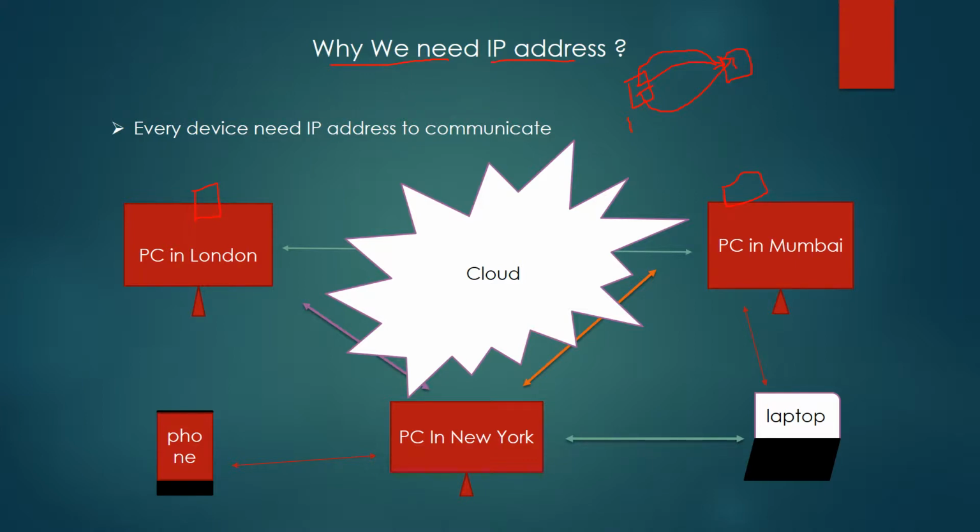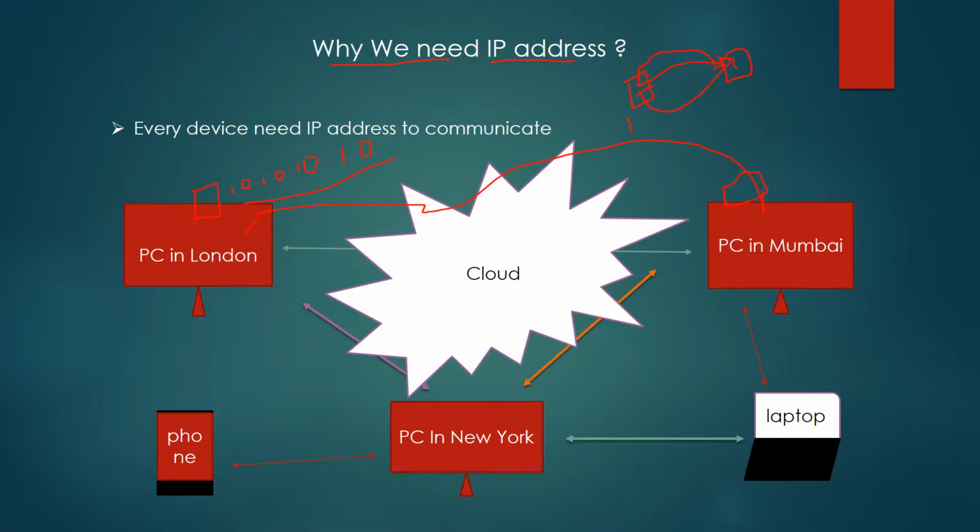Suppose this PC will have some IP in the 10 dot series, it can be 10.10.10.10. So this device needs an IP address, and this device also needs an IP address. Then only can they communicate with each other through the internet. So why do we need an IP address?